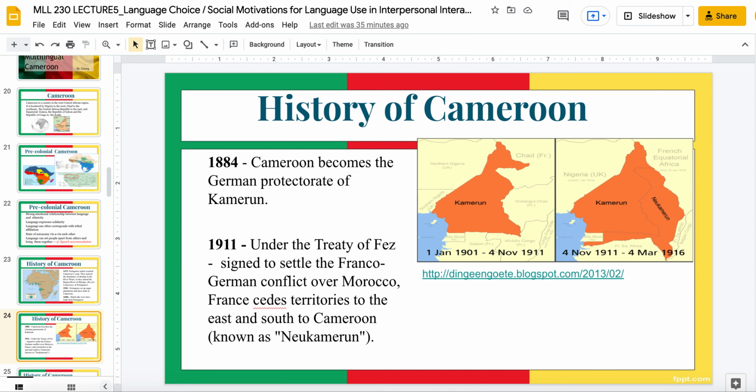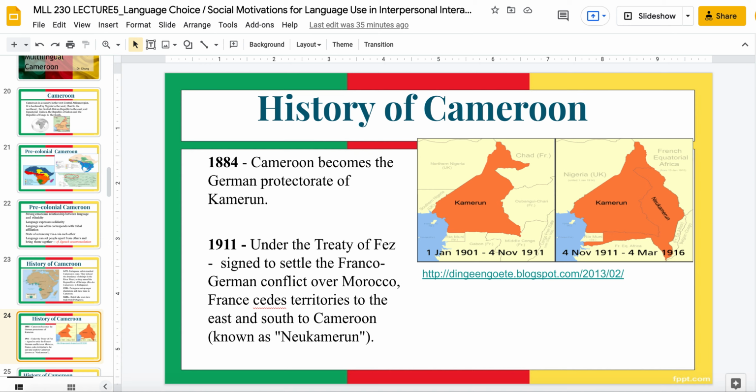Cameroon has been passed through many hands, but basically it became a German protectorate at one point. A lot of European nations were going and colonizing these places and signing various treaties, like, okay, you have this land, I'll give you that land for this land.